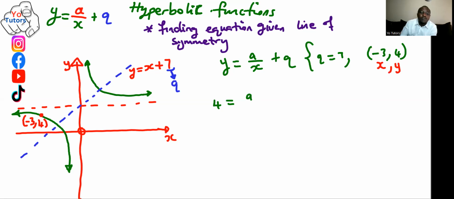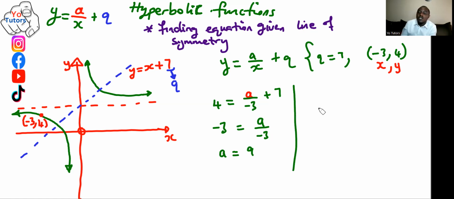We are looking for a in this case. If we take 7 to that side, -3 = a over -3, and we multiply both sides by -3, so a is going to be +9.